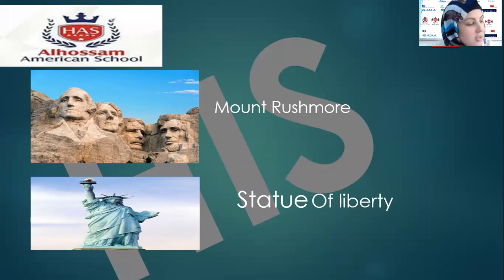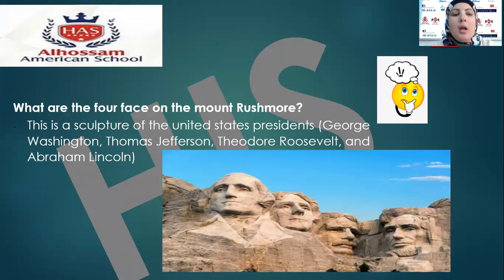George Washington, Thomas Jefferson, Theodore Roosevelt, and Abraham Lincoln. Here, as shown on the slide, you can see the faces so vivid and so clear. So Abraham Lincoln, Roosevelt, Jefferson, and George Washington.